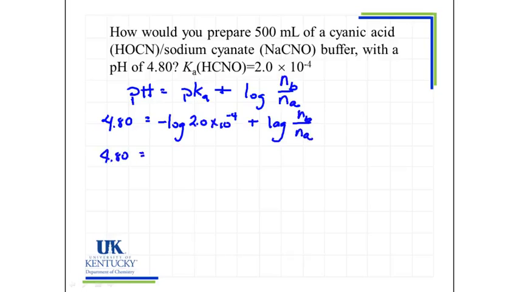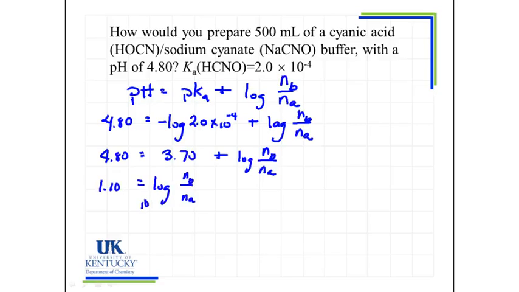The negative log of 2.0 times 10 to the minus 4 is 3.70. So I will subtract 3.70 from both sides and have 1.10. And now we've got to get rid of the log.